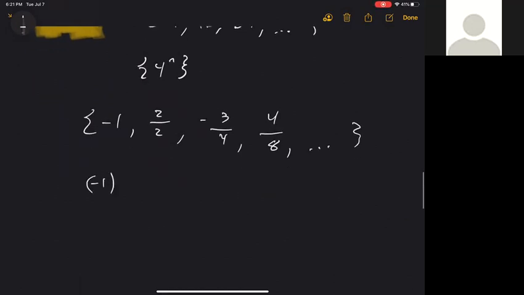And I'm starting on a negative. So that should probably be (-1) to the n if I want to start my sequence at 1. And then what's going on in my numerator? Well, I've got 1, 2, 3, 4. So that's just n. And then on the bottom, I've got 1, 2, 4, 8. So it's doubling every time. So maybe I say 2 to the n minus 1, something like that.